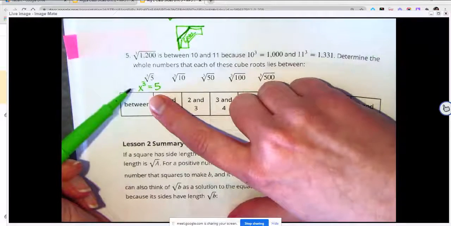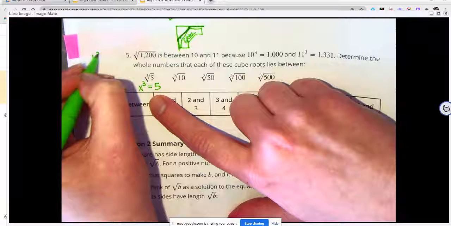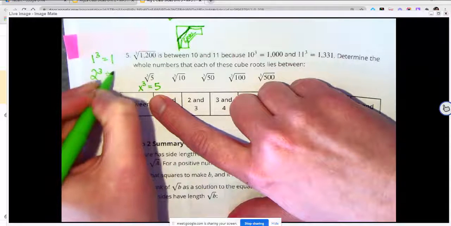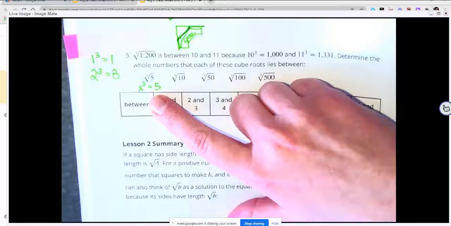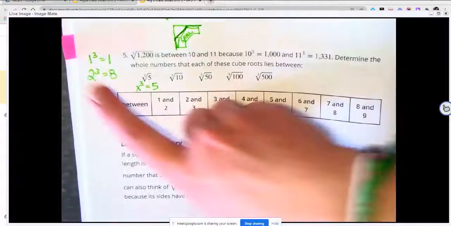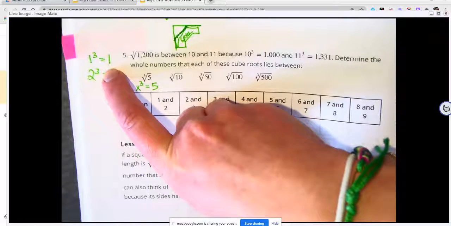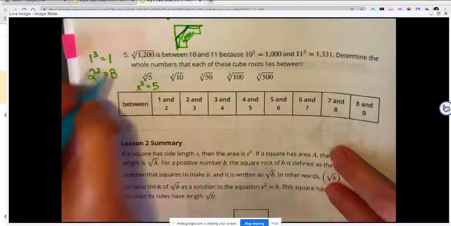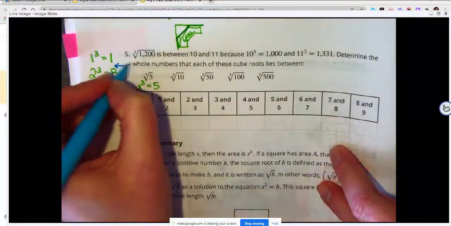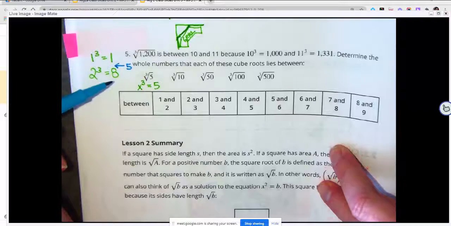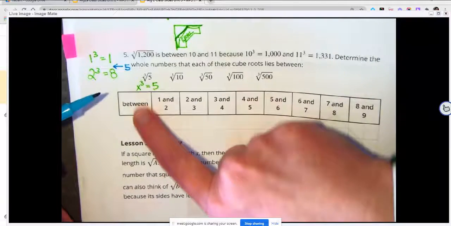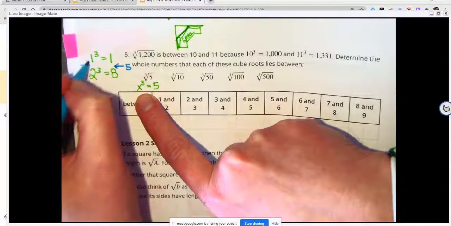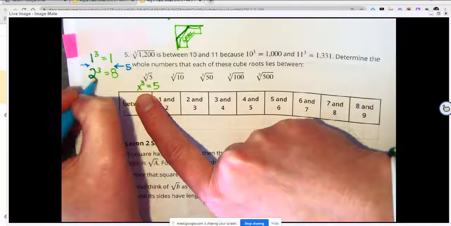But I do know that 1 to the 3rd power is 1, and 2 to the 3rd power is 8. So 1 to the 3rd power is too low. 2 to the 3rd power is too high. 5 is somewhere in between 1 and 8. So my answer to the cube root of 5 is somewhere here between 1 and 2.